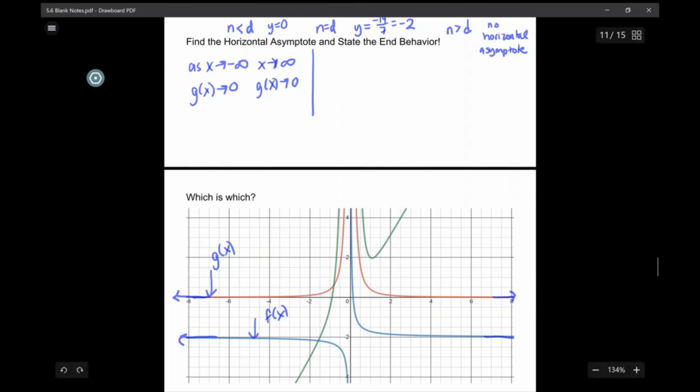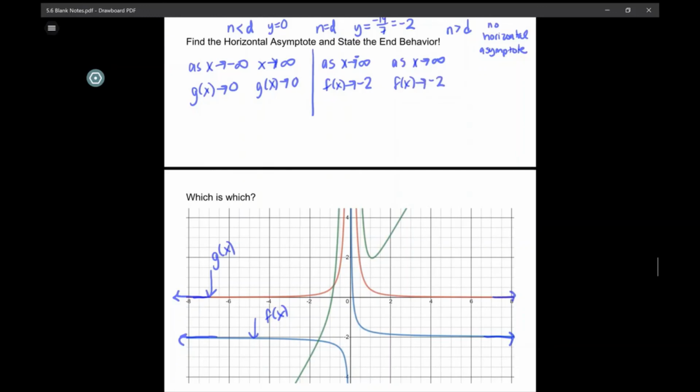And as x goes to positive infinity, f of x goes to -2. Let me rewrite that, it's supposed to be -2. So either way, it's going to approach this horizontal asymptote.